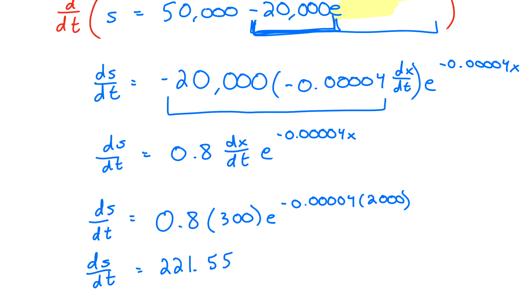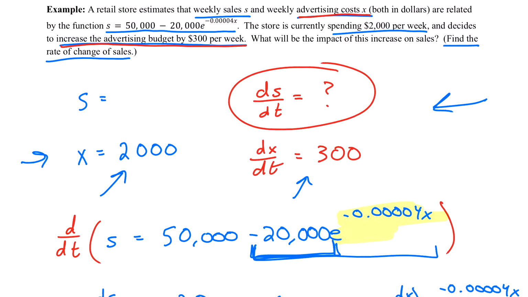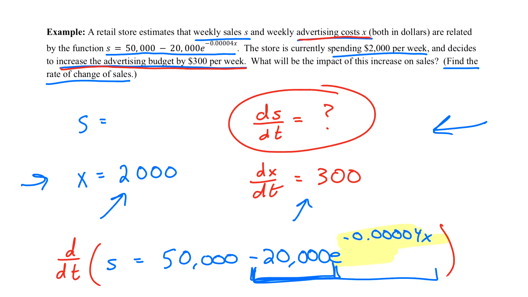I end up with ds over dt is equal to 221.55 if I round to 2 decimal places, since we're working with dollars and cents here. So I also want to give a unit with my answer. So first of all, the unit on S, remember S is sales. If we go back and look at our problem here, we had weekly sales S, which was measured in dollars.